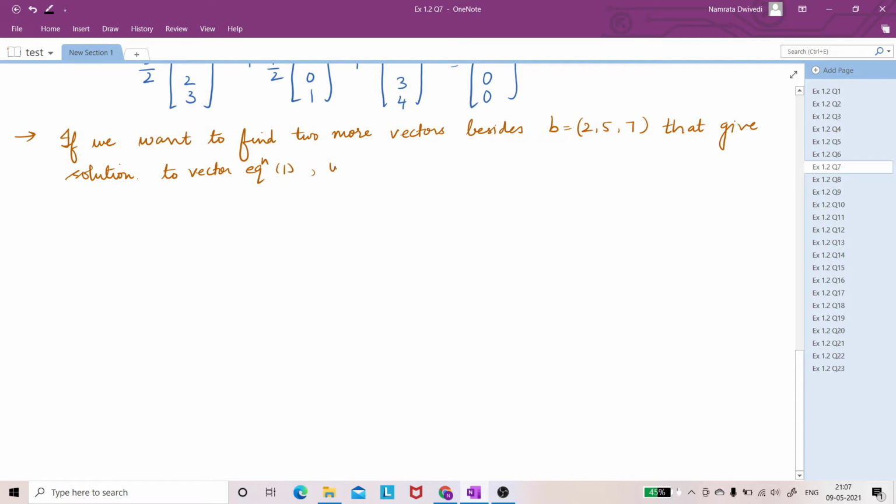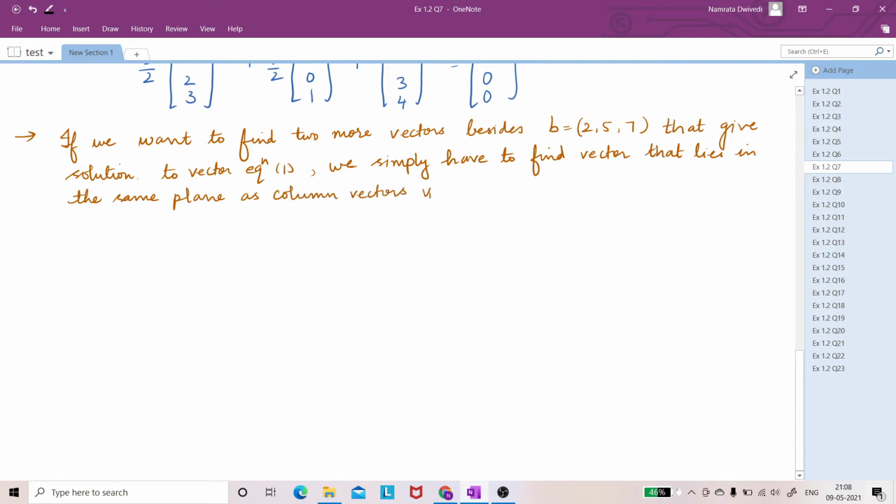So we'll write here in full sentences so that you will be able to infer it. We simply have to find the vector that lies in the same plane as the column vectors v1, v2 and v3.